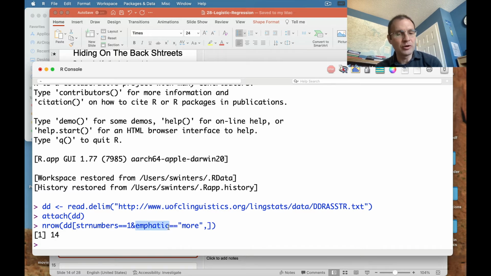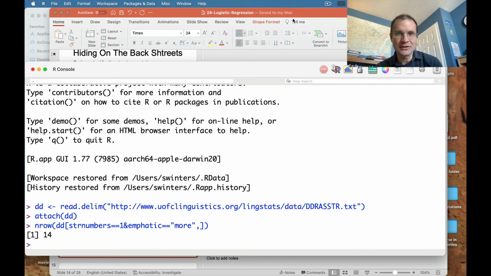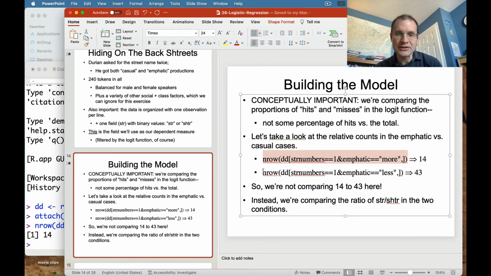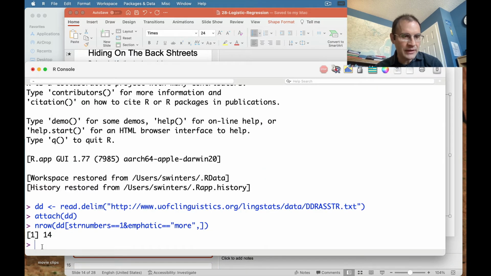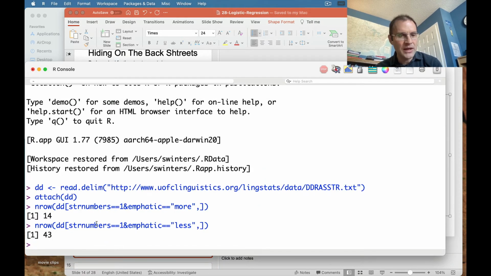Will people be using the stra variant more often when they're emphasizing or trying to make their speech clear in the second production, and we can compare that to the more casual option. So it's just looking at how often we get the stras in the more emphatic context.